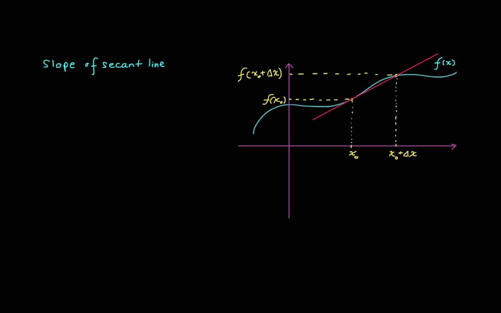And so to find the slope of the secant line, what are we going to do? Well, that's pretty easy, right? We just want the rise over the run, just like you calculate the slope of any line.